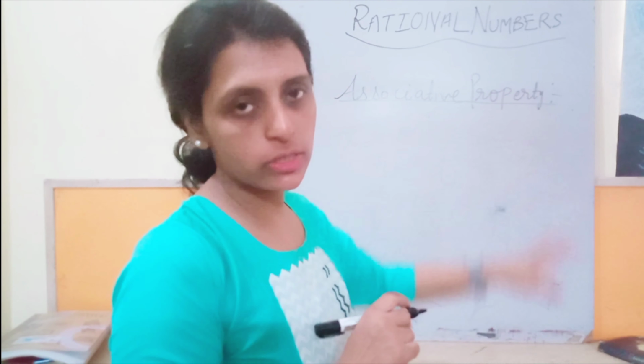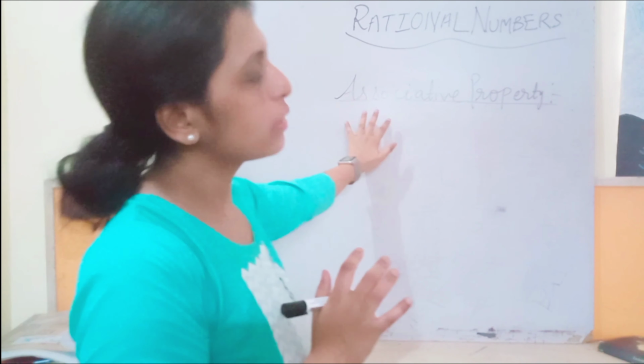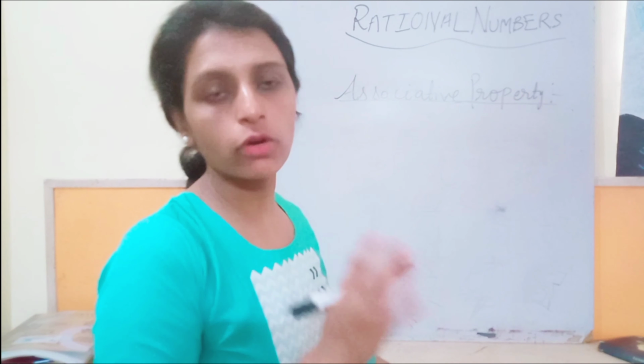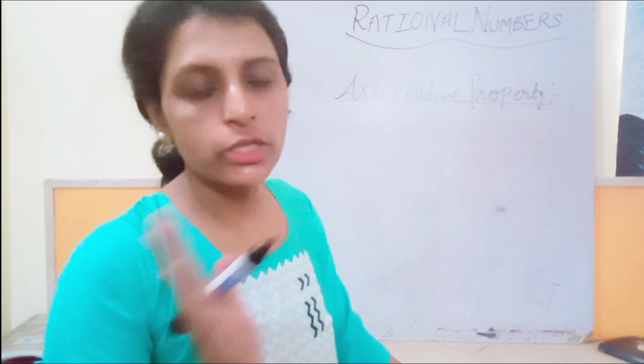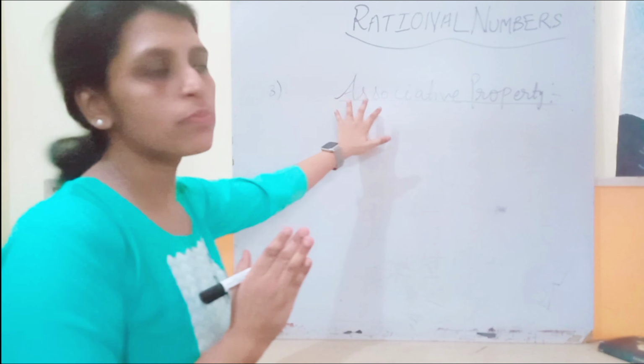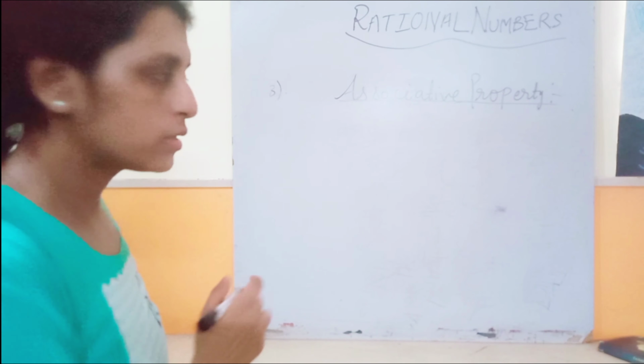Thank you. Children, the third property is associative property. Rational numbers hold the associative property under the operation of addition and multiplication only. They do not hold this property under the operation of subtraction and division. So what does this property say?